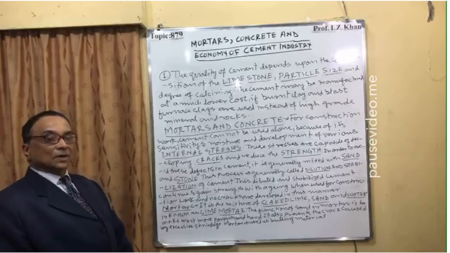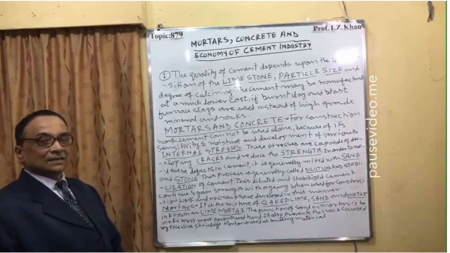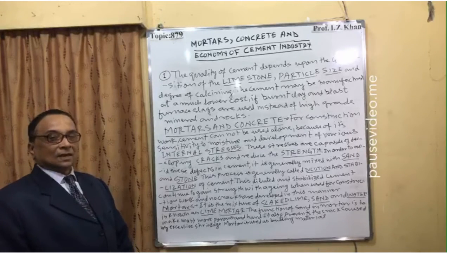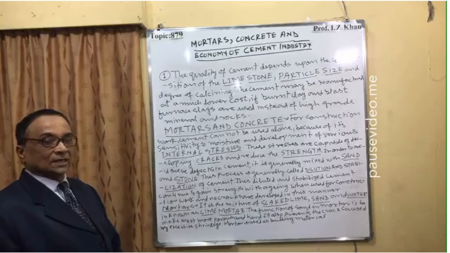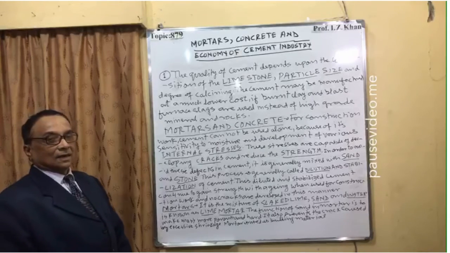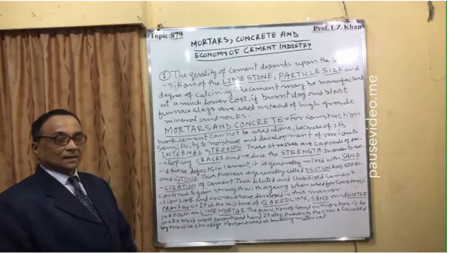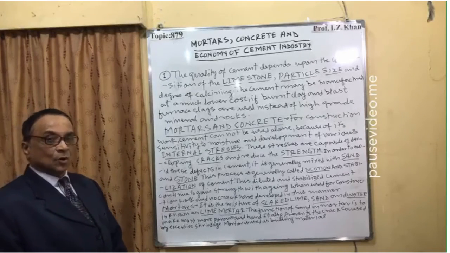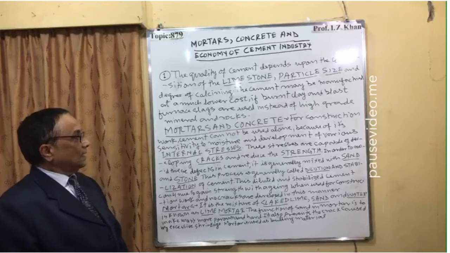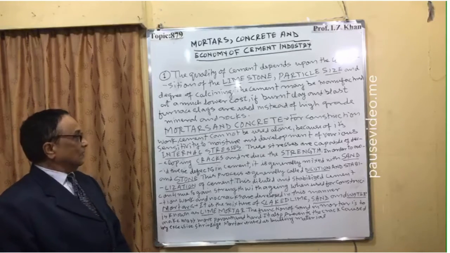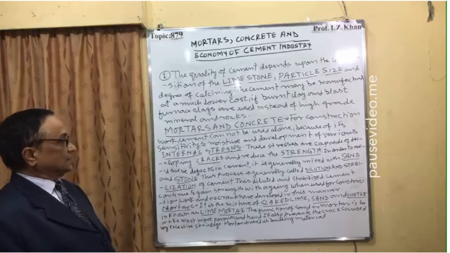That's why it is a must to add some sand and some stone in order to have more strength and avoid cracking, because of its sensitivity to moisture and the development of various internal stresses.